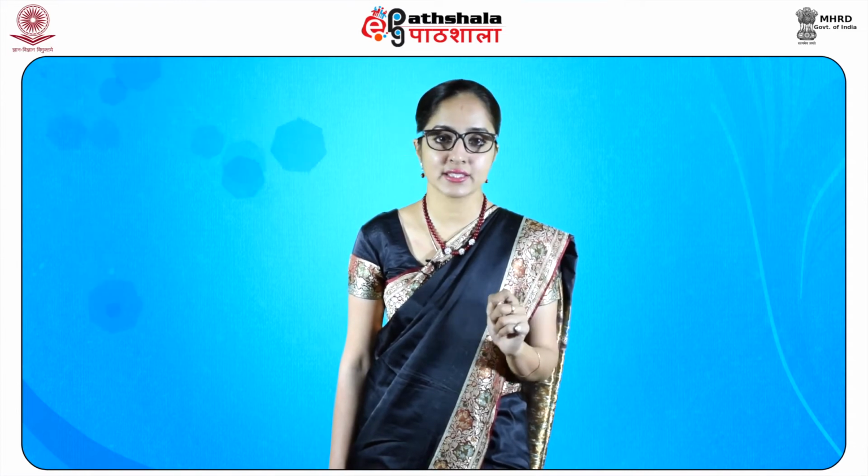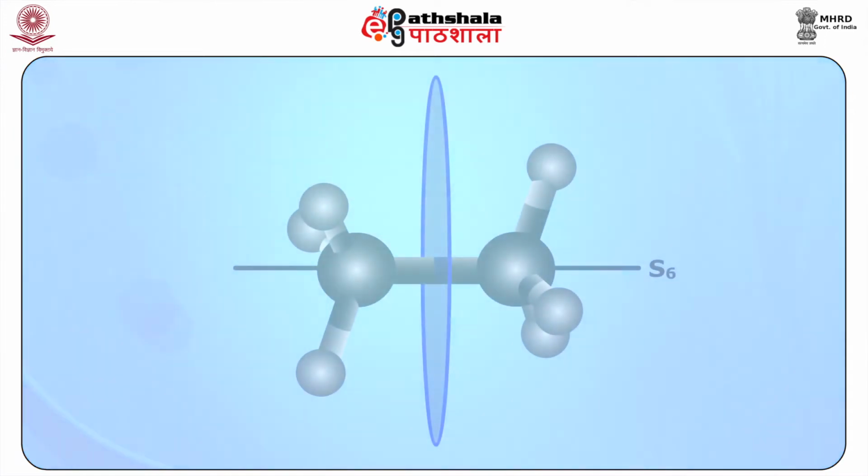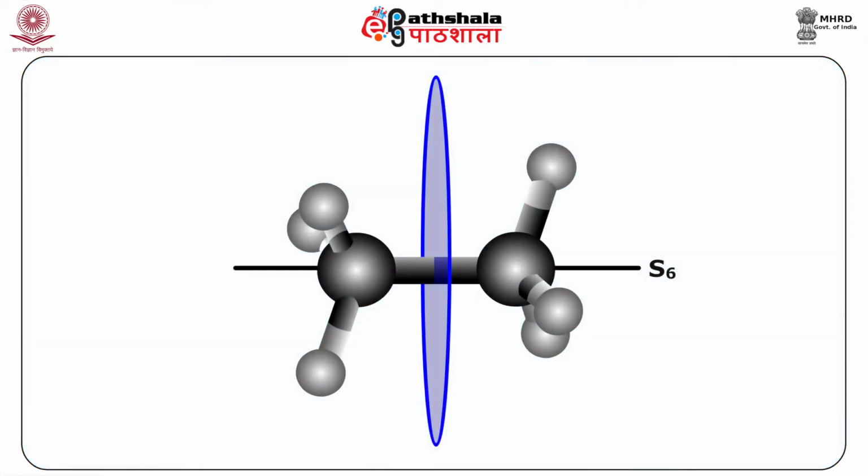If the resulting configuration is indistinguishable from the original, we say there exists an n-fold improper rotation axis, or the Sn axis, in that particular molecule under consideration. Now you can see here in the staggered configuration of ethane, the improper axis, how it exists almost perpendicular to the bond.